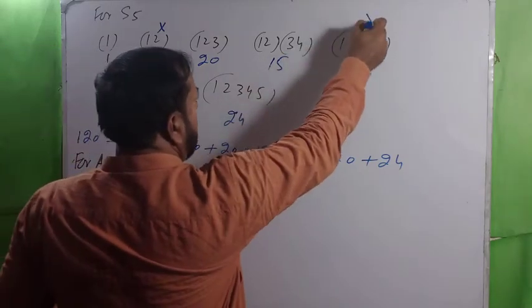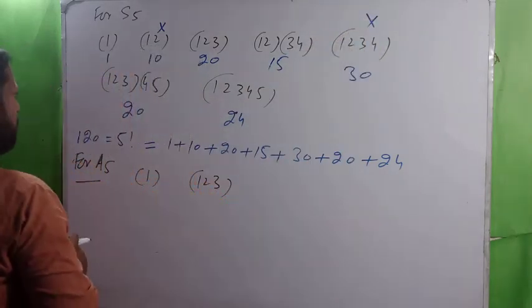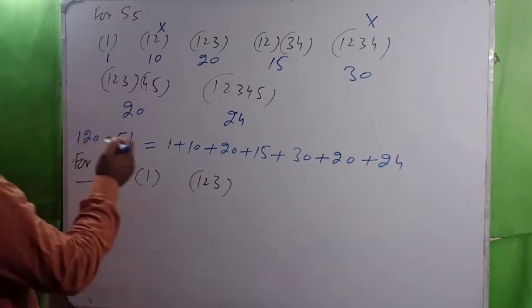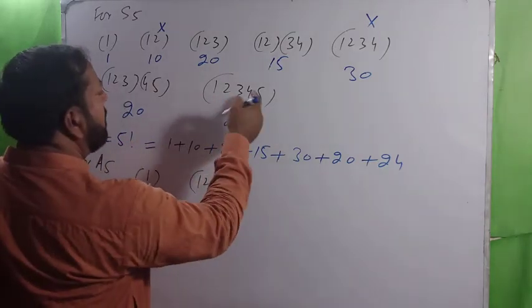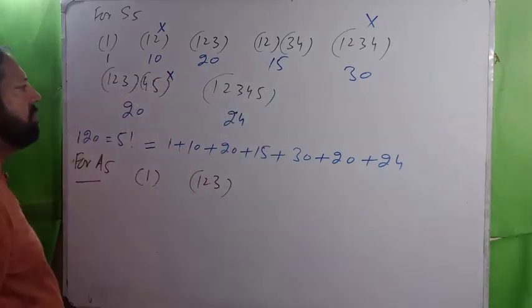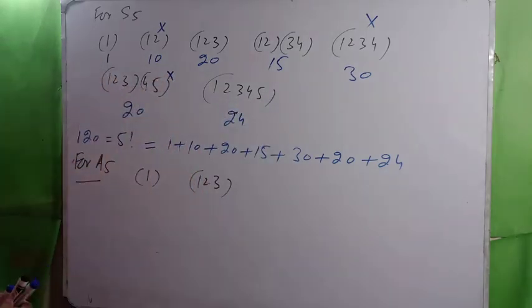This one is an odd permutation. Only even permutations we will consider.